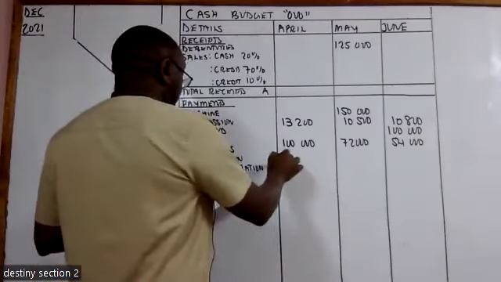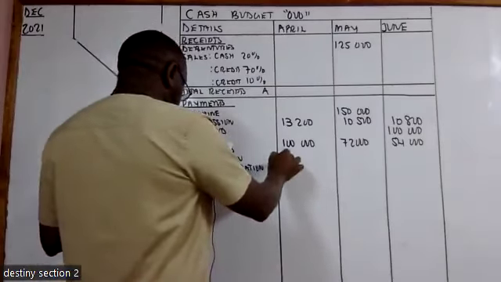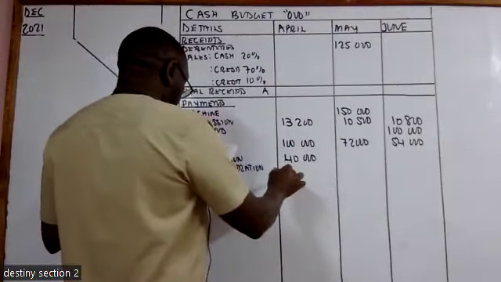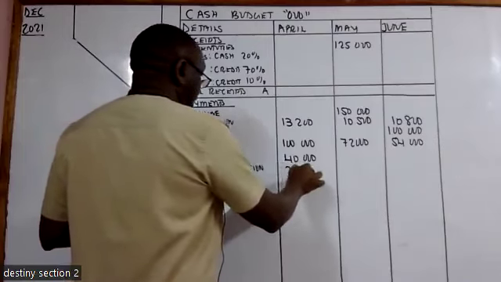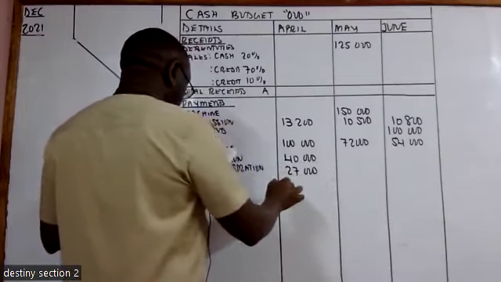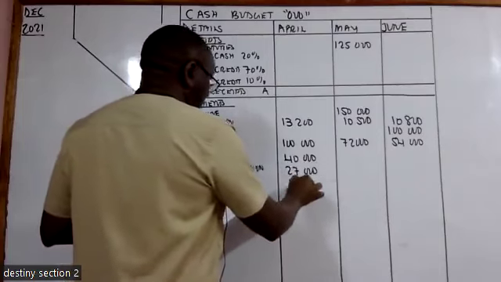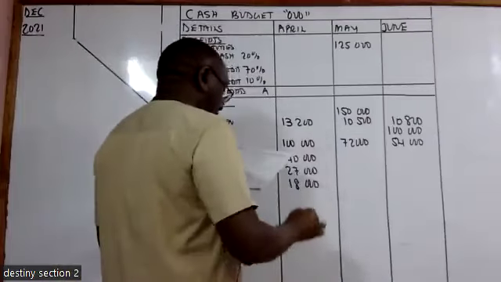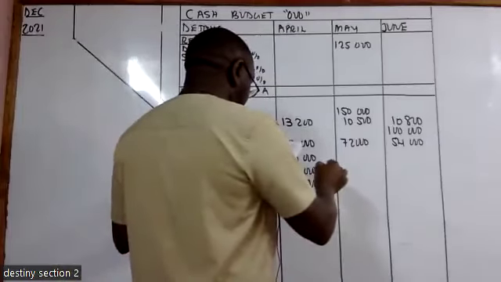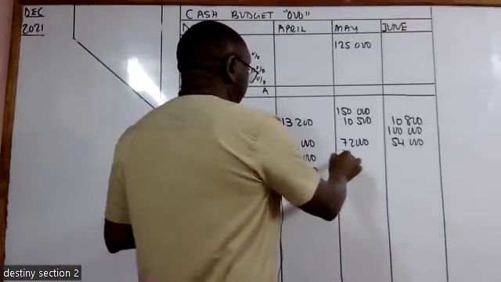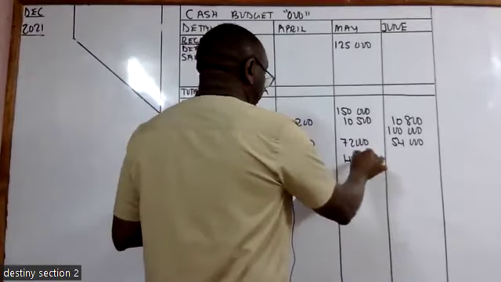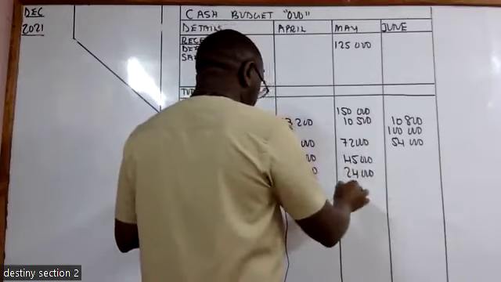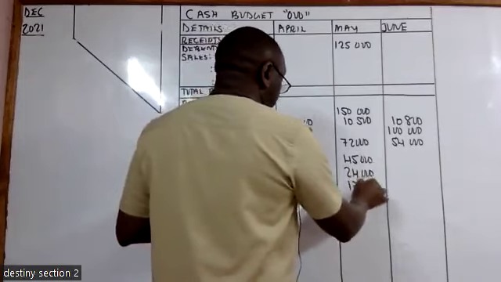Now coming here, production in March is 40,000, this other one 27,000, and this other one is 18,000. Then going to April we have 45,000, 24,000 and 13,000.